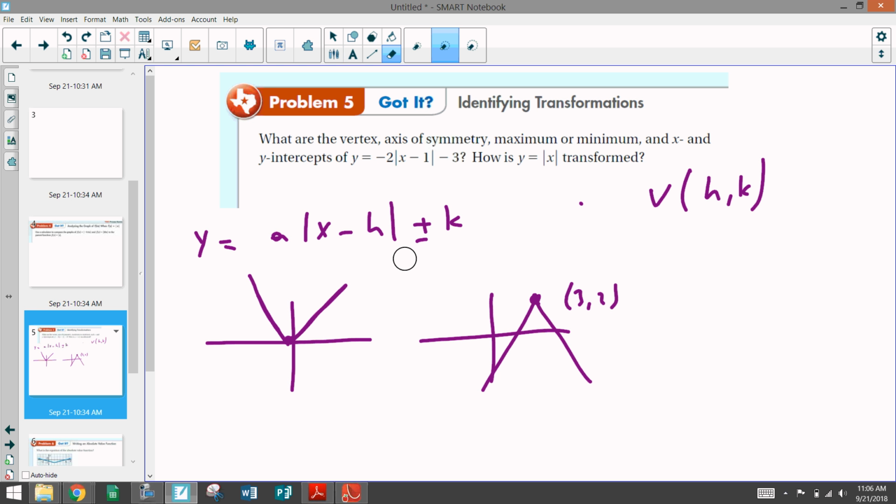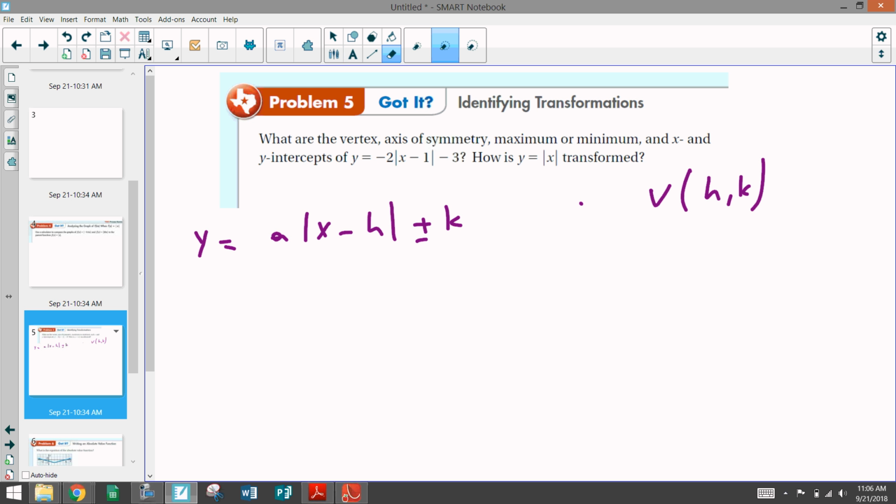Clean this up. You guys are writing the formula: y equals a times absolute value of x minus h, plus or minus k. This formula gives you the coordinates of the vertex. Okay? Put the calculators aside now. Open your journals.